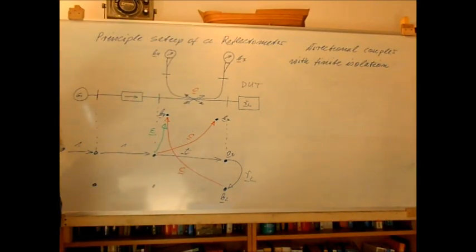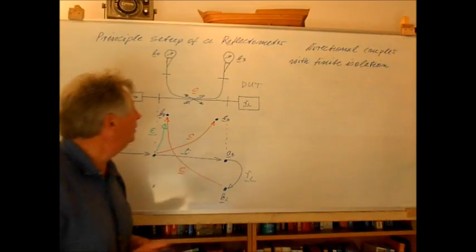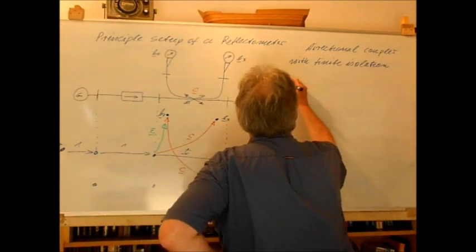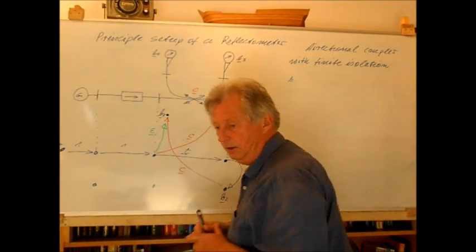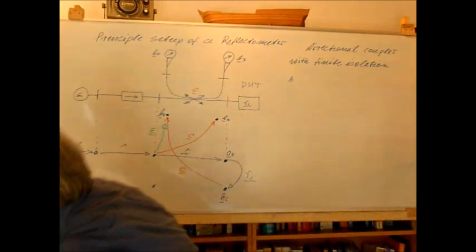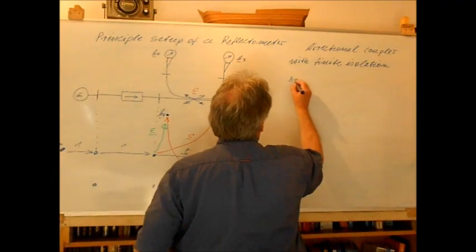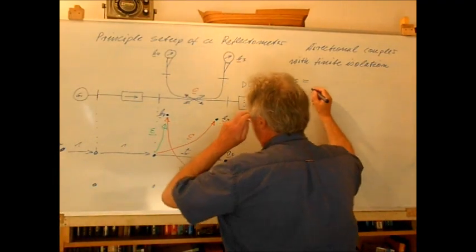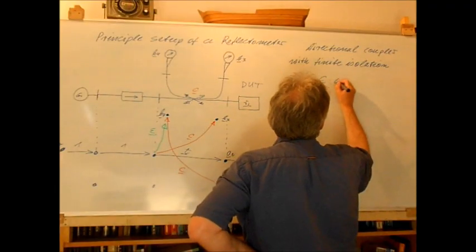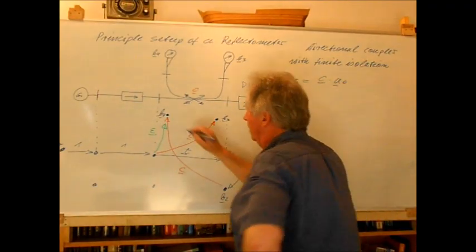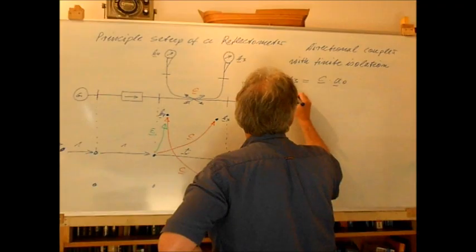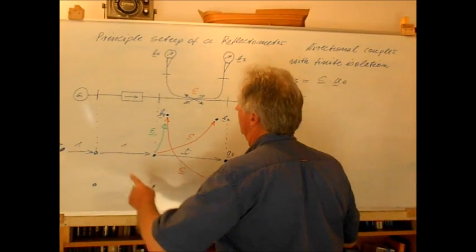So as equations, for B3 the equation will not change. So B3, we will still have that this is C times A naught, but in the equation for B4 we will have a different form now.